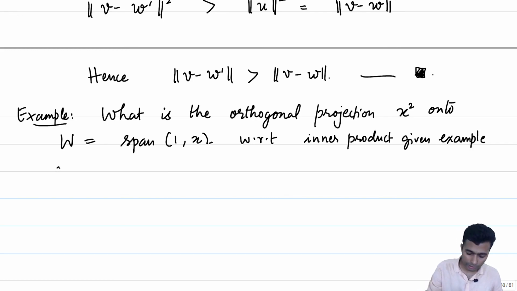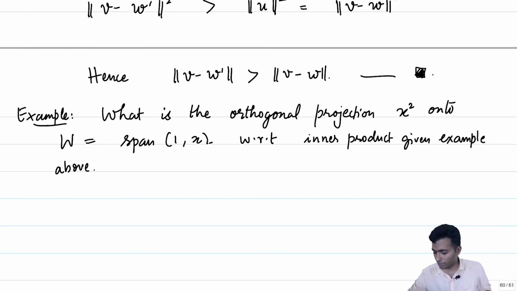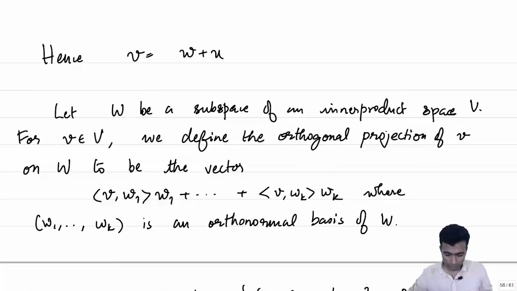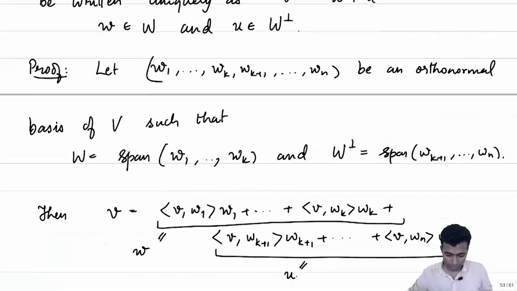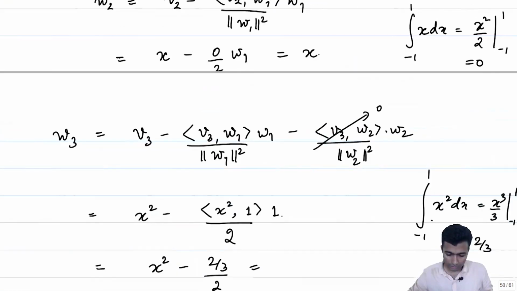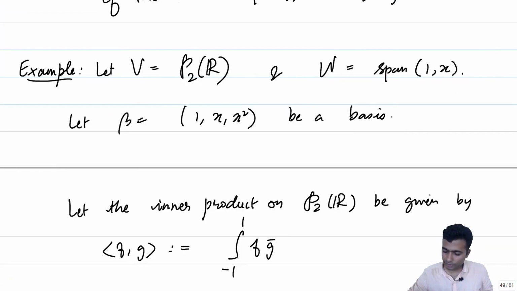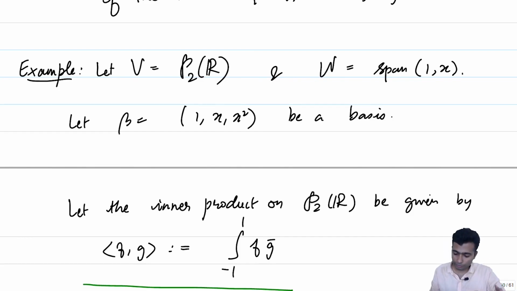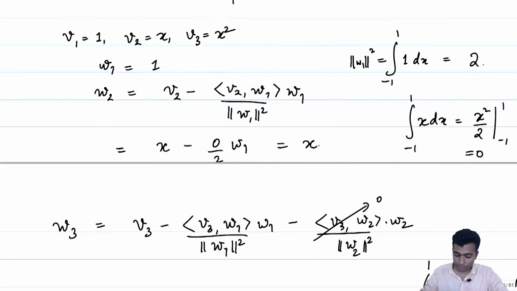I don't remember the number, so let me just write example above, and I will take you back to the example to show you exactly what we had done. So yes, this is the example. If you notice, we did the same. Span of 1 comma x, I am underlining in green the inner product, and we now know exactly what to do. We would like to find the orthogonal projection of x square onto the subspace generated by w1 prime and w2 prime.